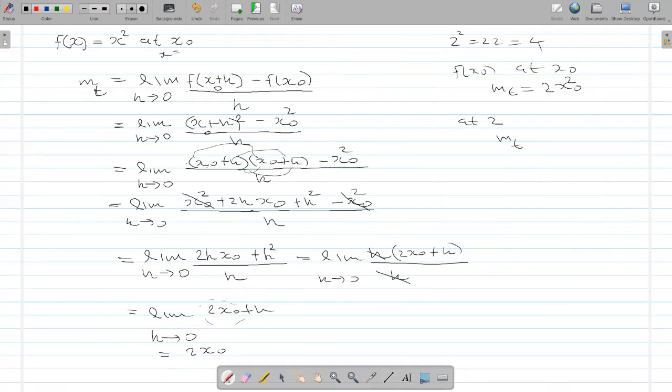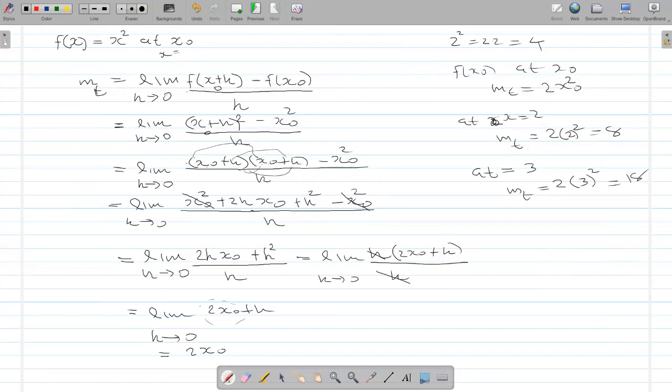If x equals 2, that means x naught is 2, no? So that will be 2 squared, 4, times 2, 8. And if I want the derivative at 3, x naught is 3 now, so 3 squared, 9, 18.